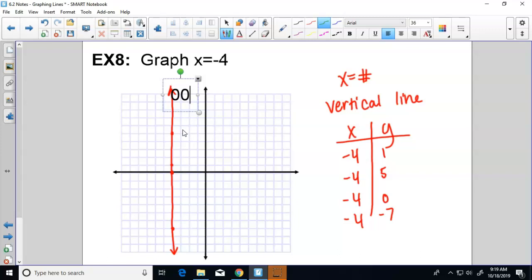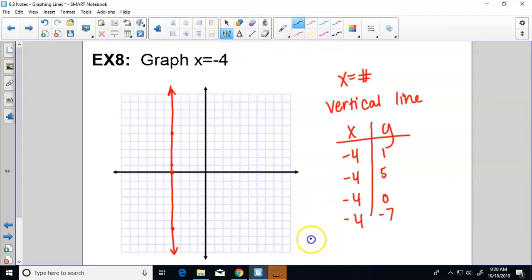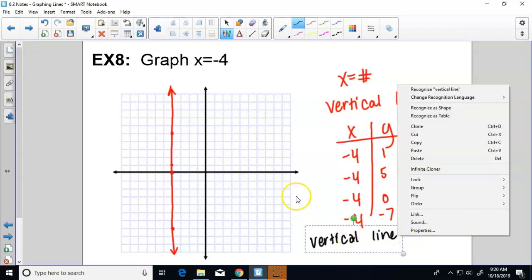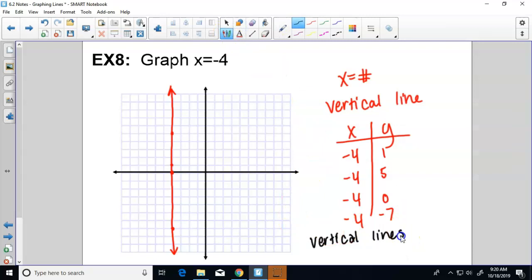It starts with a U. Undefined. So this graph, it didn't ask this question, but vertical lines have an undefined slope.